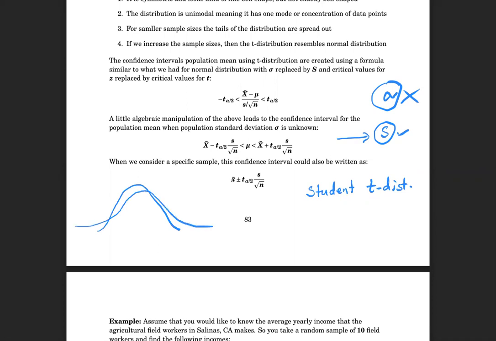I didn't draw a good diagram here. This is the t-distribution, and this is the normal distribution, standard normal, let's say. And as the sample size n increases, this stretched part for the t-distribution disappears. It looks more like the normal distribution. And that's the beauty of student t-distribution.